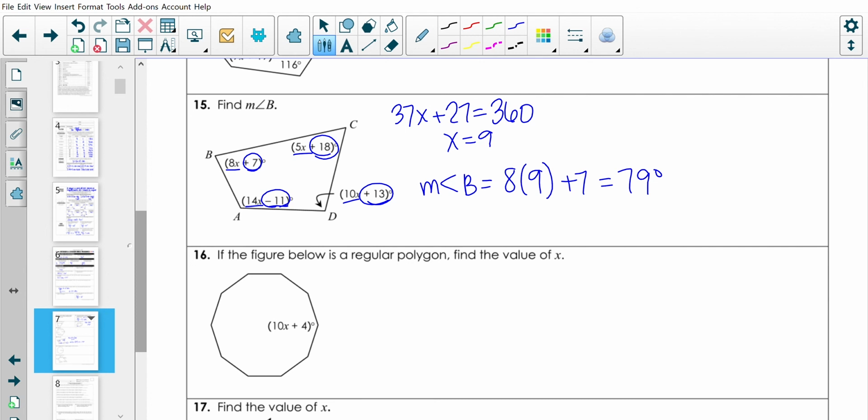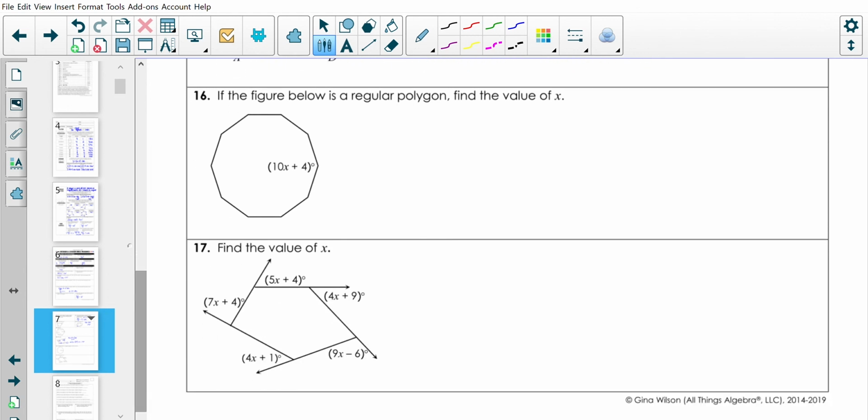All right. Last one. Tells me to find the value of x. What do I know all those together equal? 360. So 7 plus 5 is 12. 12 plus 4 is 16. Plus 9 is 25. Plus 4 is 29. 29x. 4 plus 4 is 8.